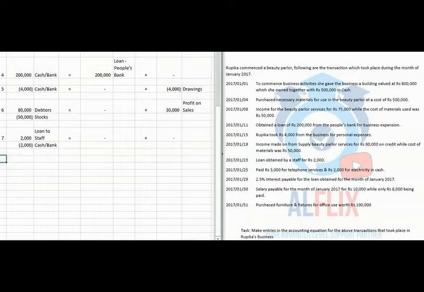This transaction will be recorded in the accounting equation in two different entries.